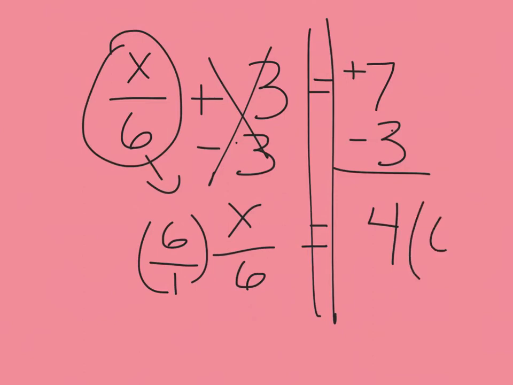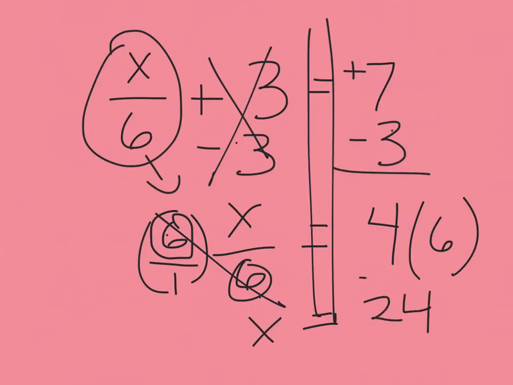So I'm going to multiply by 6. 6 divided by 6 cancels each other out. They become the number 1, so I just have x left on this side, equals 4 times 6 is 24. So x equals 24.